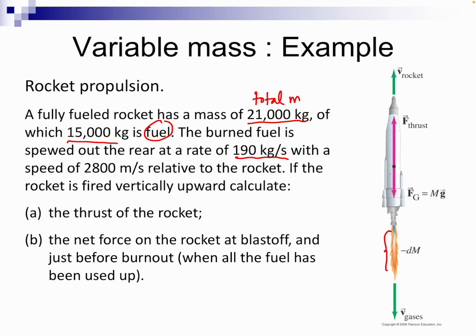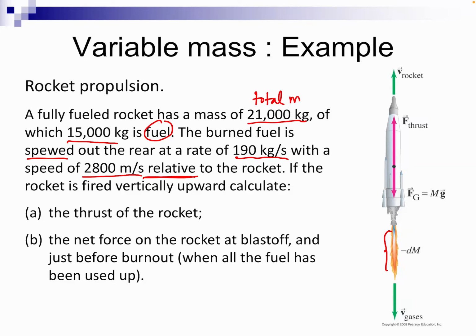So this is where 190 kilograms of fuel is going per second. So there you have your change in mass. And the burned fuel is spewed at a speed of 2,800 meters per second relative to the rocket.